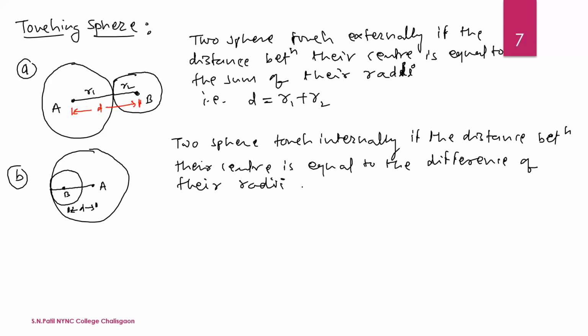That is, D is equal to R1 minus R2, where the sphere A has radius R1 and B is smaller. Okay, so these are the points we discussed.